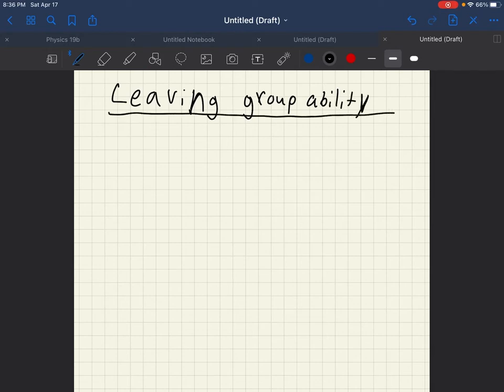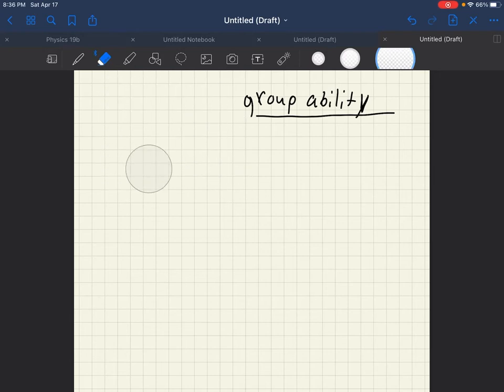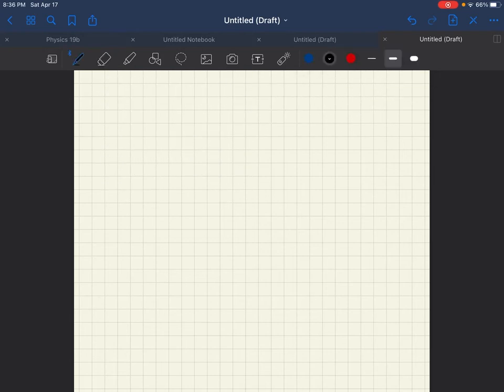Leaving group ability: the better the leaving group, the faster it leaves. For example, Br is a great leaving group and leaves quite fast. Fluorine is not a very good leaving group and does not leave at all. But let's look at a little chart I've devised for leaving group ability.